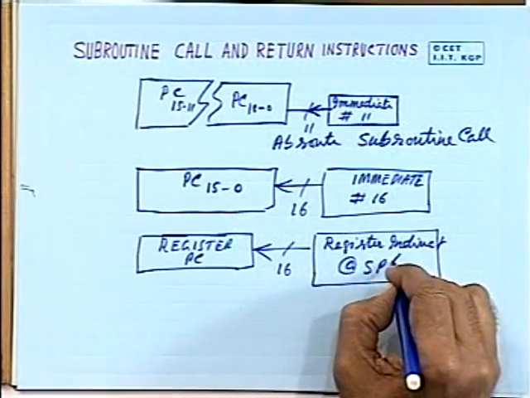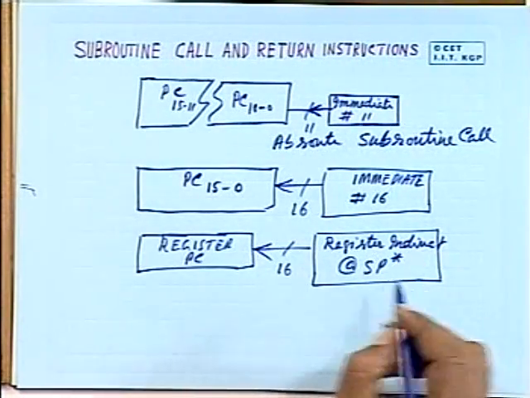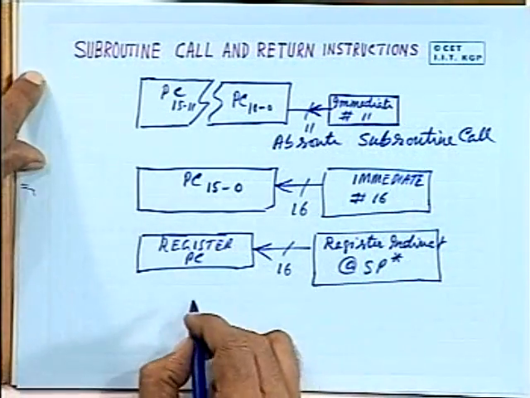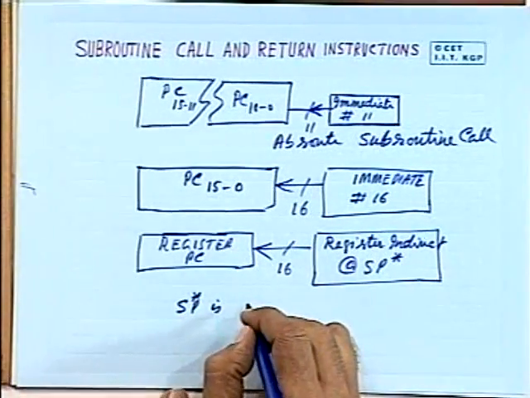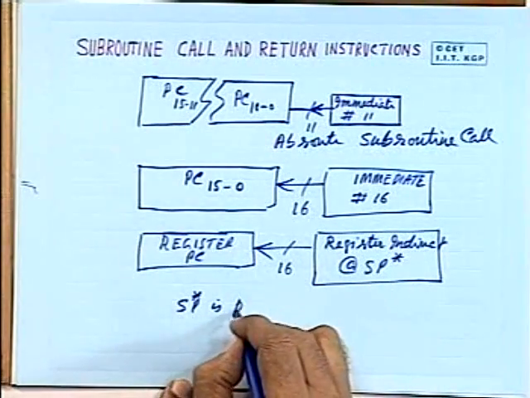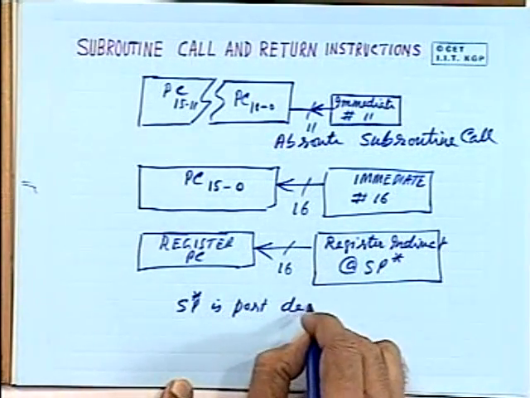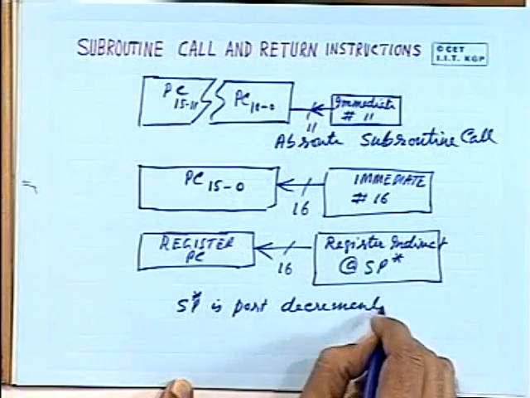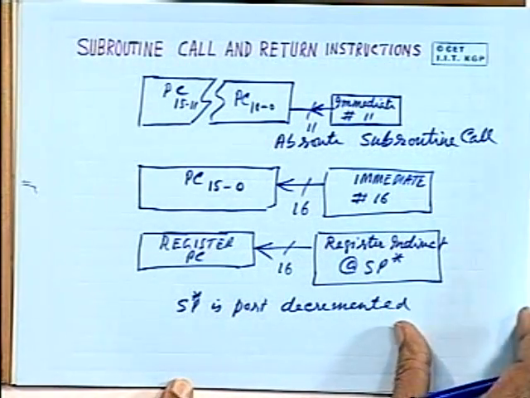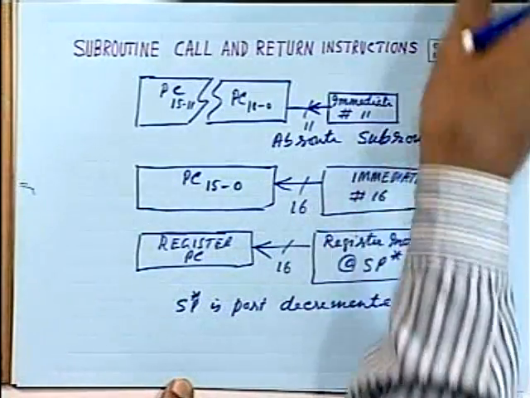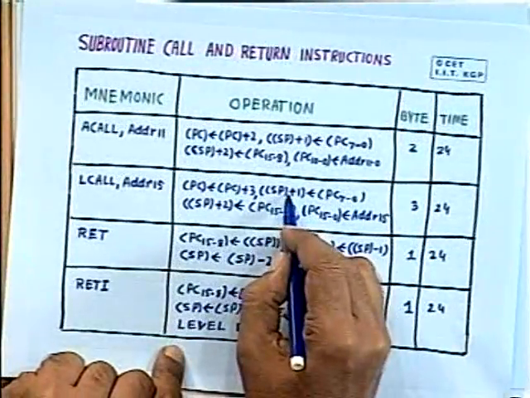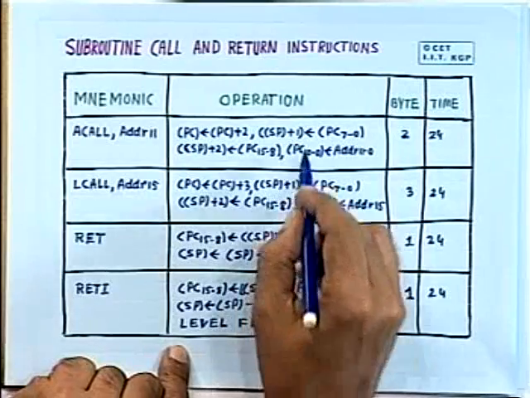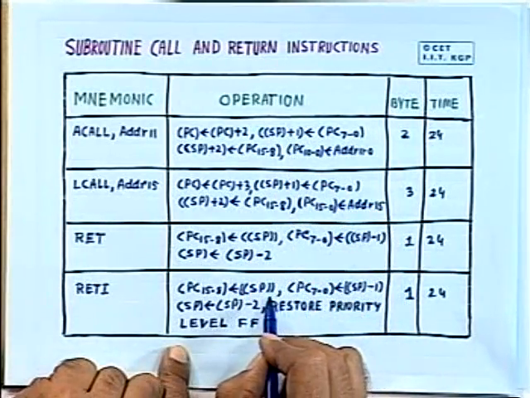So in this particular case, here as well, the stack pointer is post decremented. On the other hand, in the previous two cases, the program counter is post incremented, as you can see here. Here it is getting incremented in both these cases, and here it is post decremented.